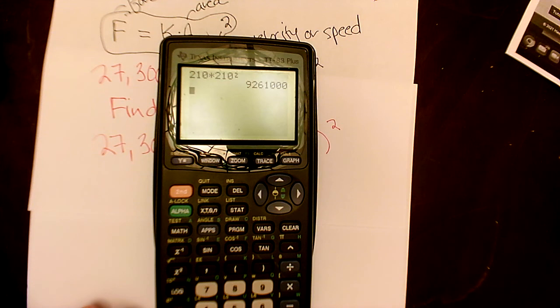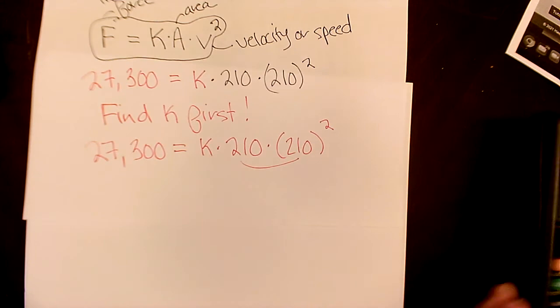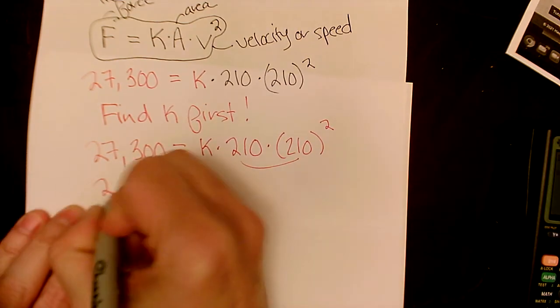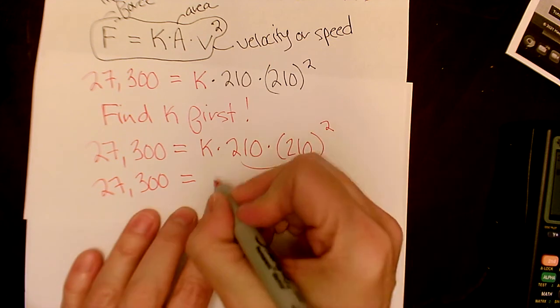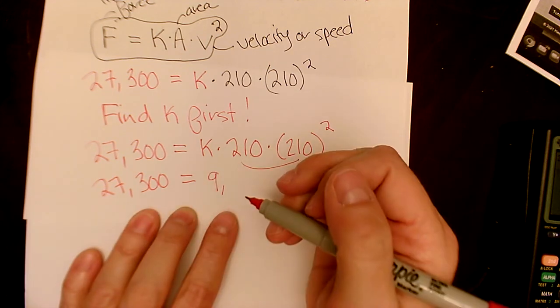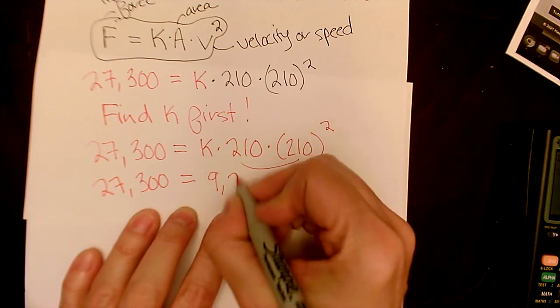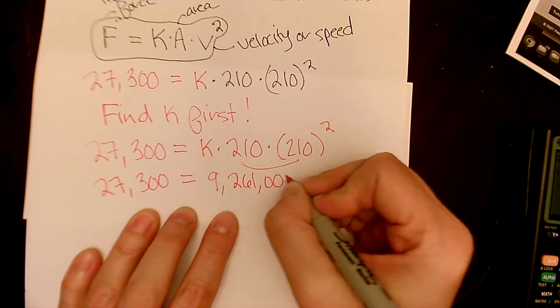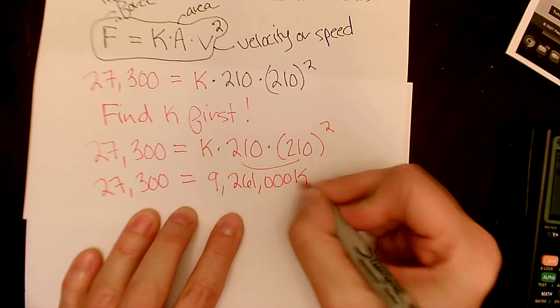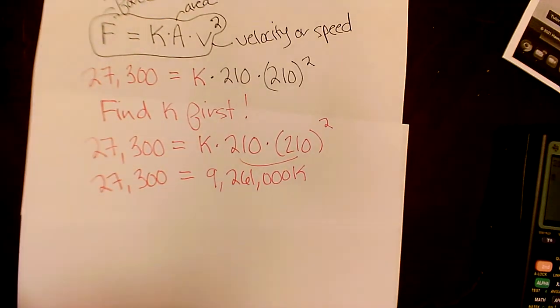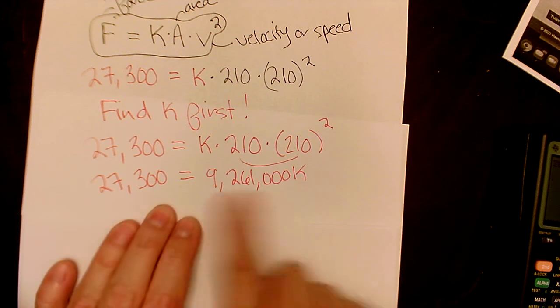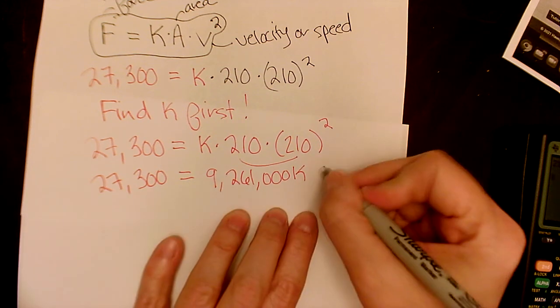That's a big number, 9,261,000. Whew, that's big. So I know 27,300 equals 9,261,000 times K. I want to solve for K. How do I get K by itself?